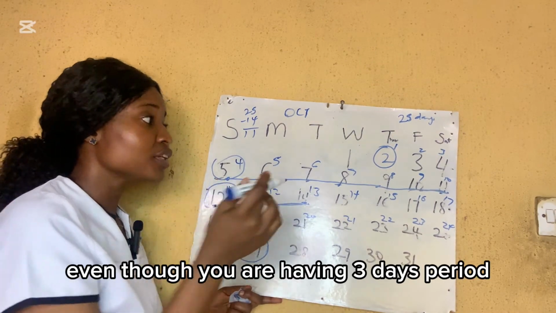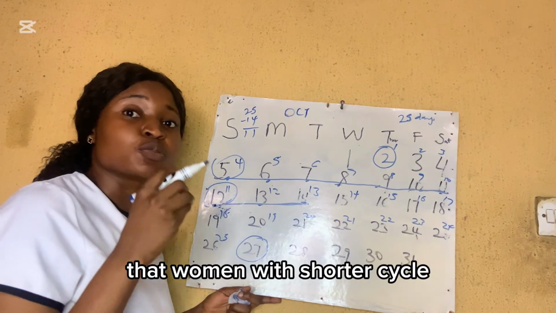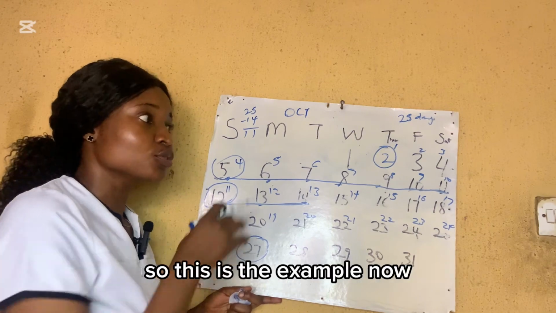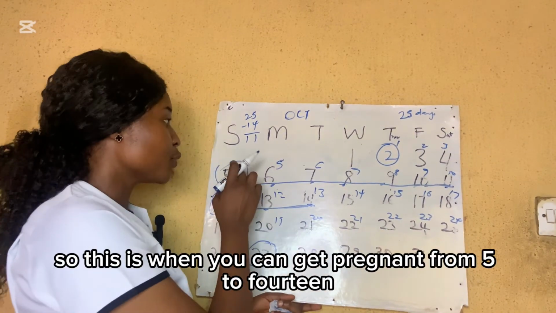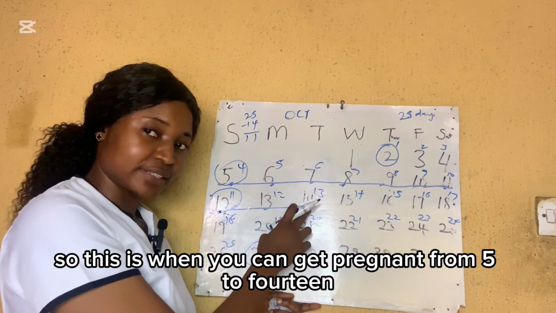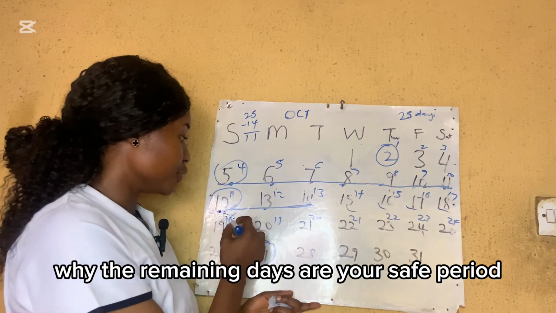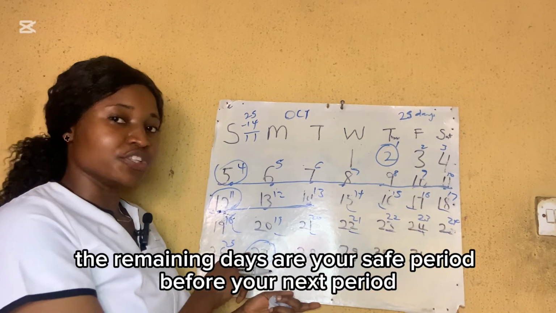Even though you are having a 3 days period or 5 days period, that is why I told you that women with a shorter cycle can get pregnant while seeing their period. So this is when you can get pregnant, from 5 to 14, while the remaining days before your next period are your safe period.